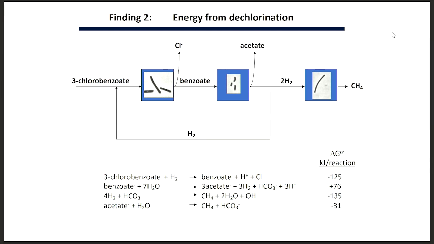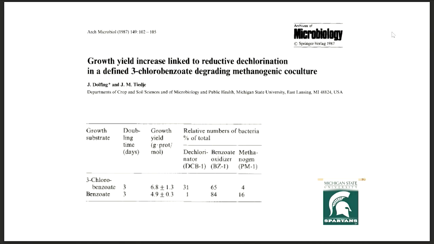And then the energy from the dechlorination, because of, like I just said, this is a very negative value, so you think that lots of energy is available from the dechlorination reaction. So we measured the biomass that was formed in the system, and if you fed the system 3-chlorobenzoate, then there was more biomass, 6.8 grams per mole, versus when you grew the system on benzoate.